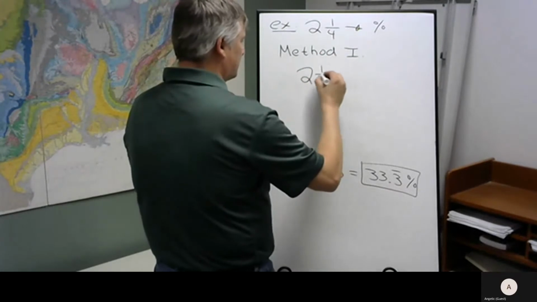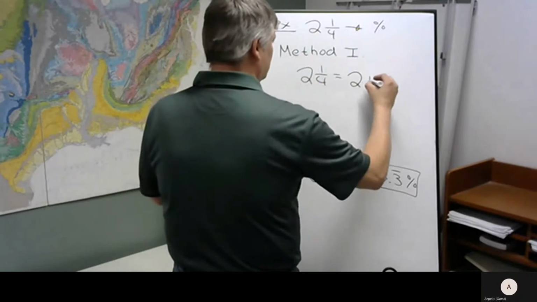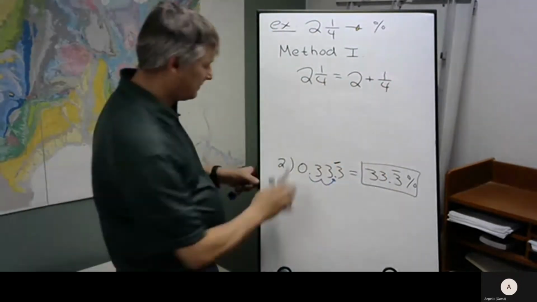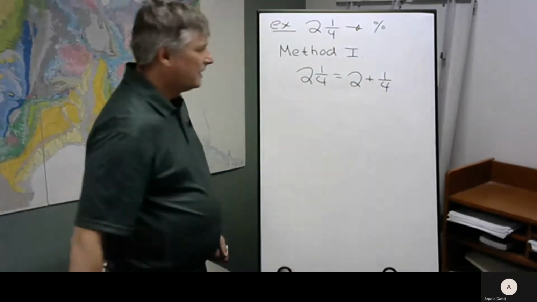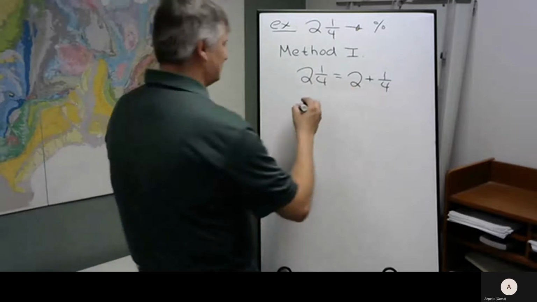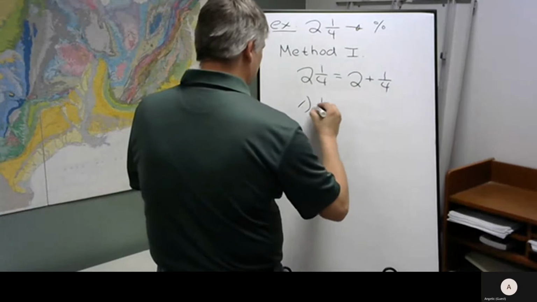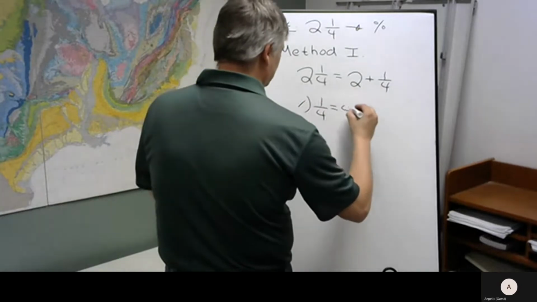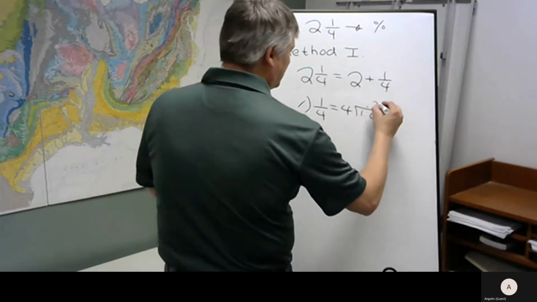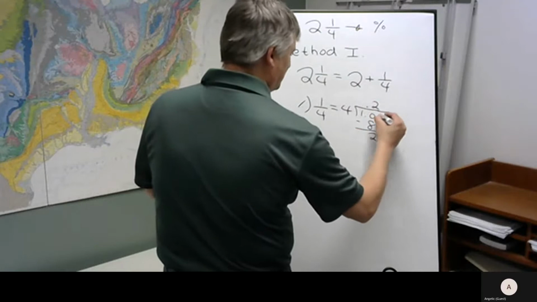Mixed numbers, what they represent is a whole number plus a fraction. So what we can do is convert the fraction part. And we've seen this before already. Oh no, I don't think we've done this one. Maybe we did.